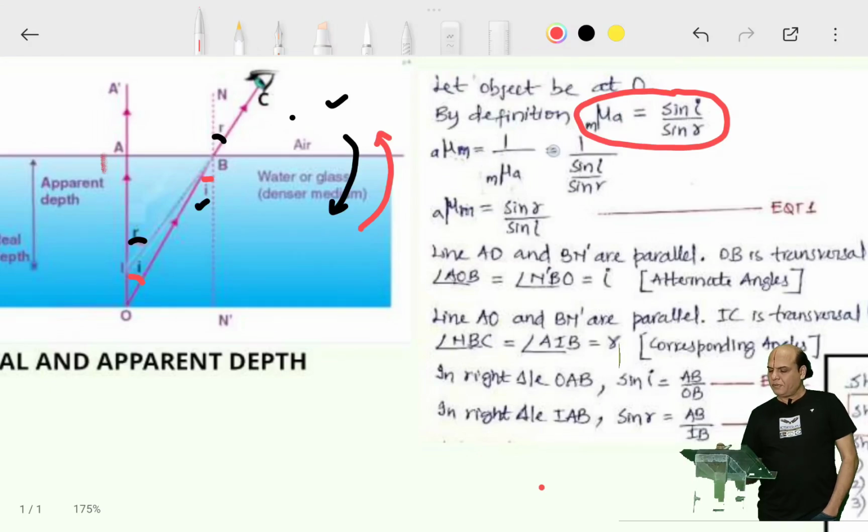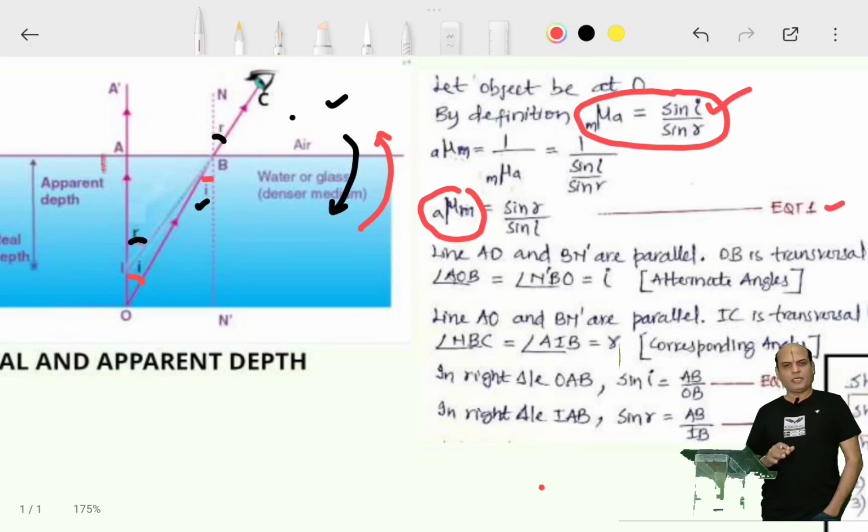So I can equate this to the inverse of this expression. So 1 by sin I by sin R. That means the refractive index of medium with respect to air, I can denote as sin R by sin I. Let us call this equation 1. Clear?